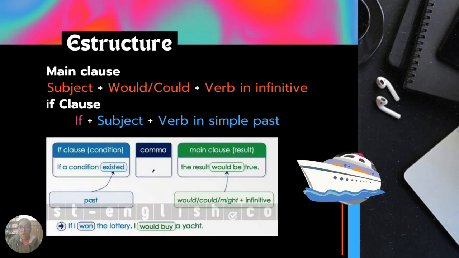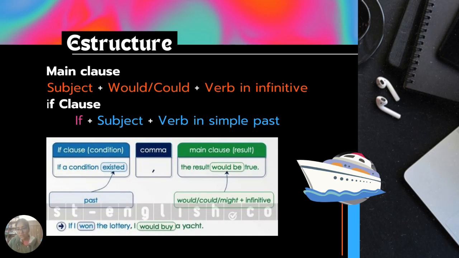Structure. We must remember that conditionals are always divided into two clauses. Main clause. Its structure is the subject plus would, could or might plus verb in infinitive.